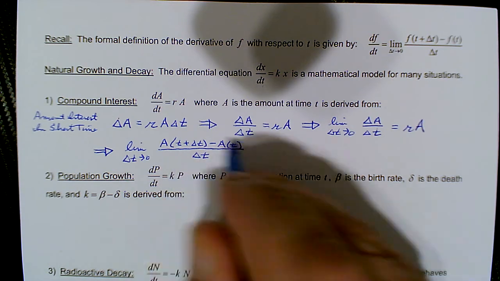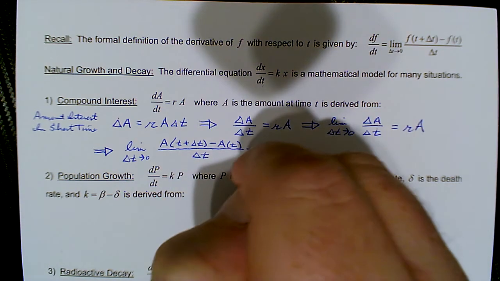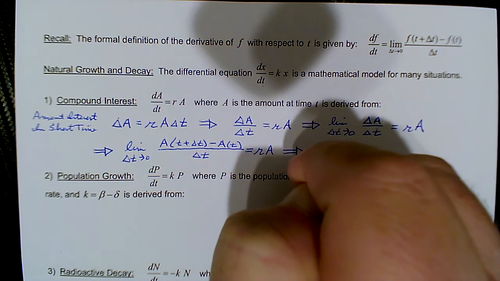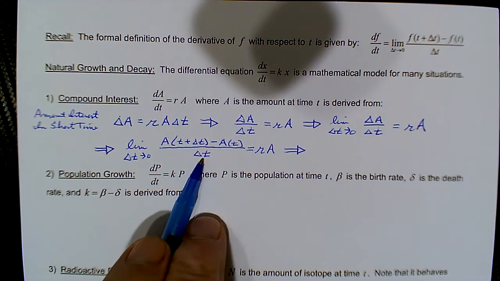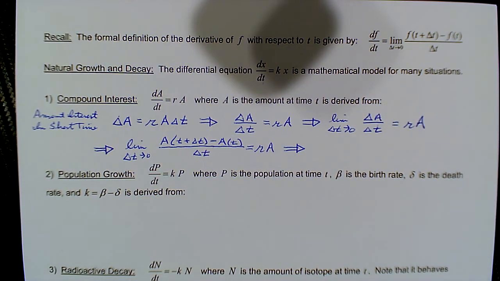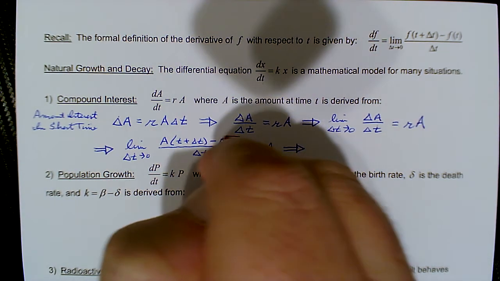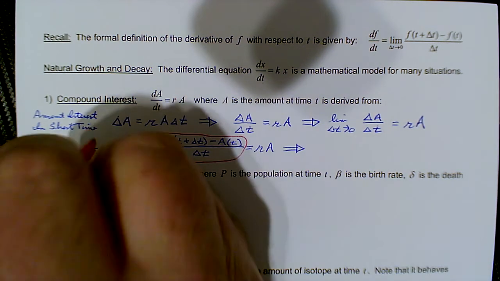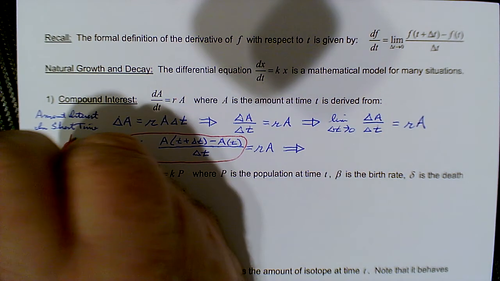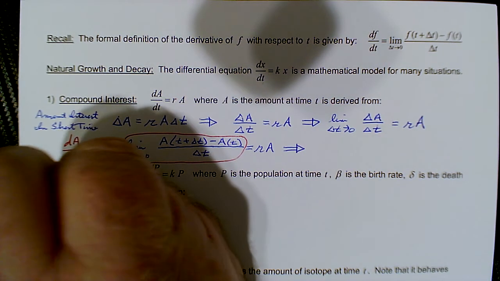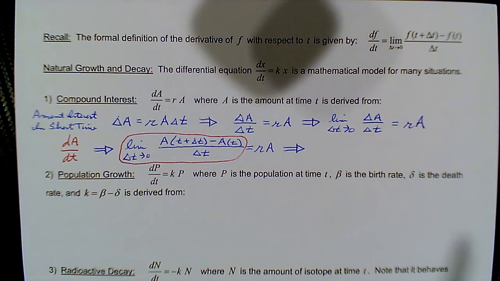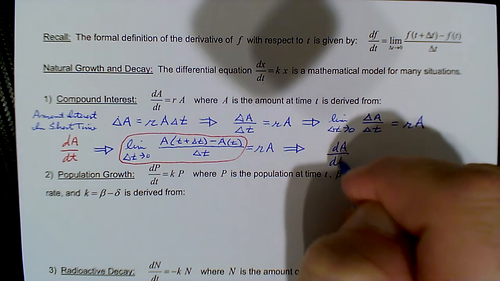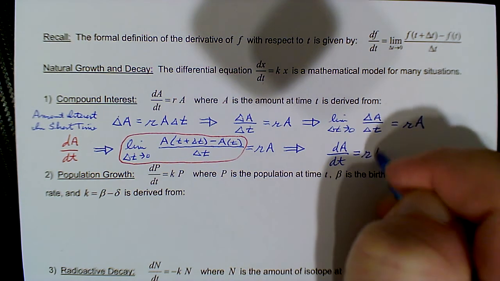Now you can see that it fits the form for the derivative, so that is equal to RA, and this represents dA dt. So therefore we've derived the formula that dA dt is equal to R times A.